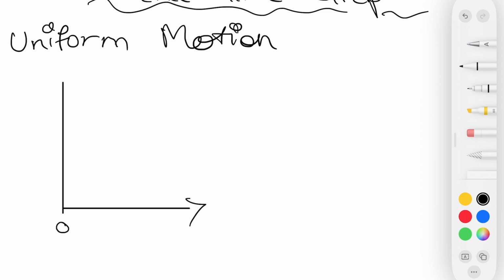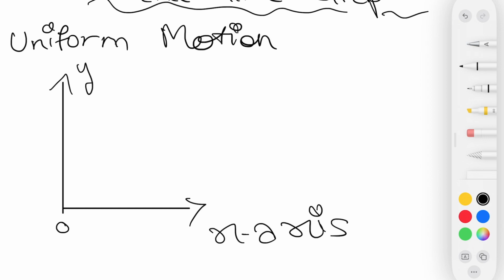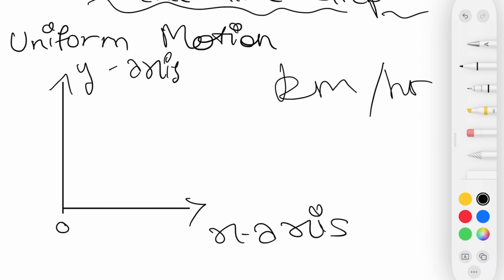Okay, so this is the x-axis, this is the y-axis. And today we are going to do it in kilometer per hour. I'm so sorry, guys.